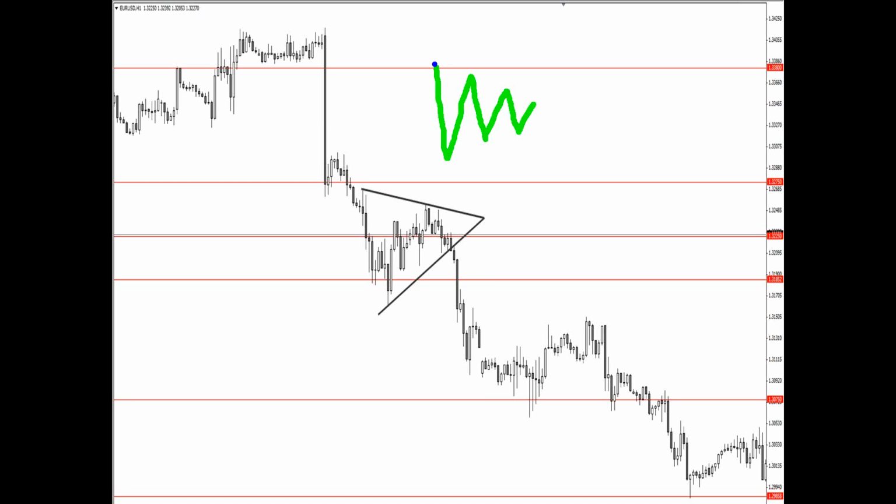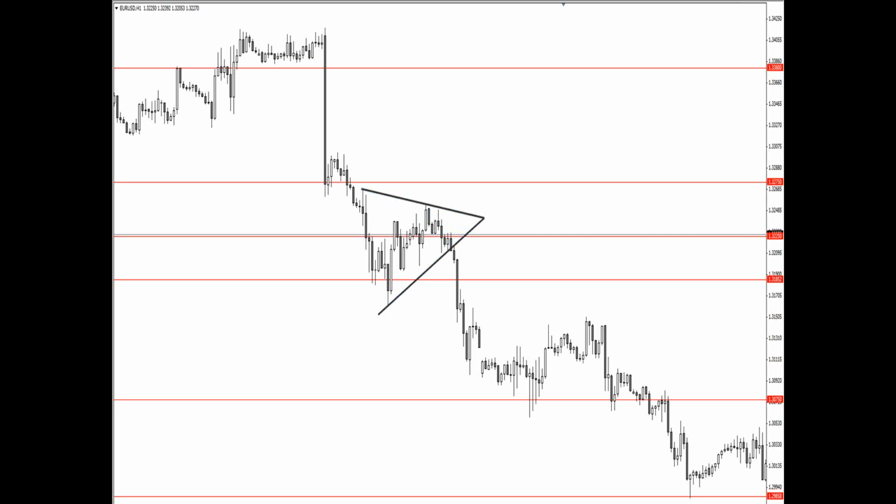Triangle patterns can be broken down into several categories: ascending triangle, descending triangle, and the symmetrical triangle. The shape of the triangle is important because it usually gives us the cue whether we will trade a breakout or a continuation.